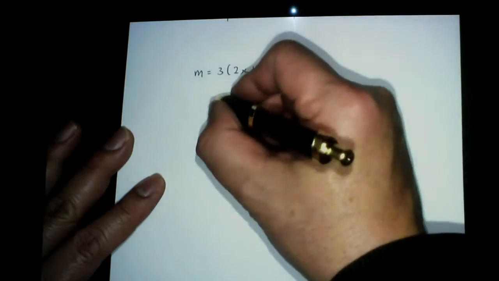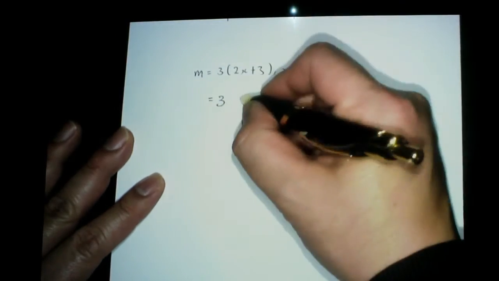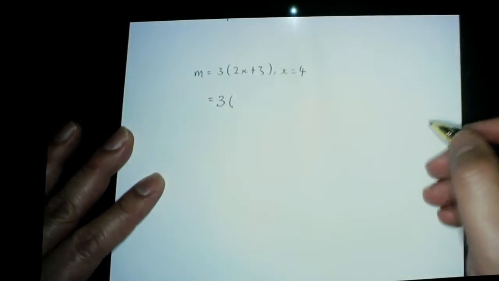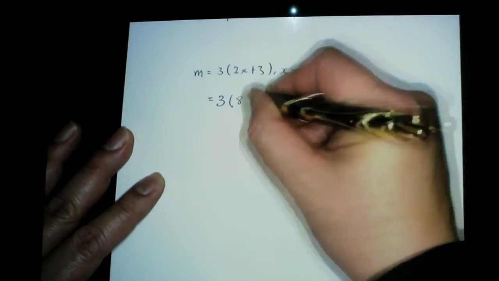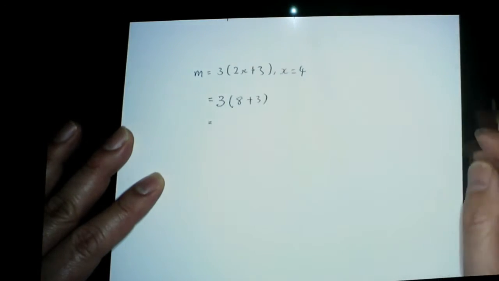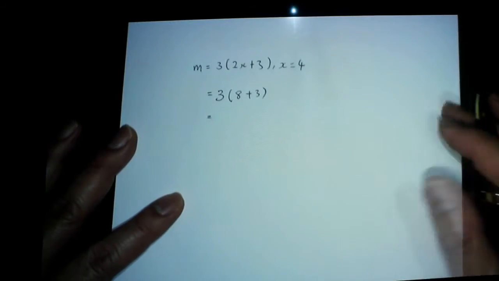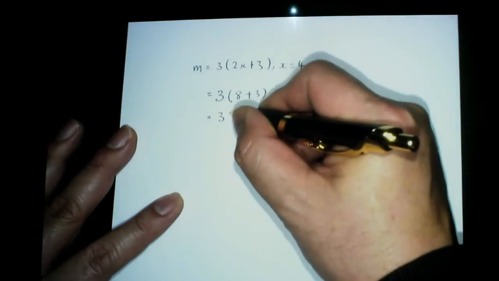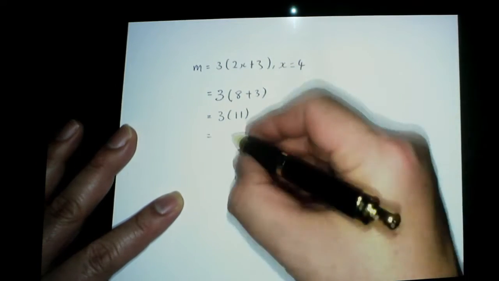Since m is equal to this equation, we have 3 bracket 2 times 4, which is 8, plus 3. Using BODMAS again, remember whenever there's a bracket we have to solve the bracket first. So we have 3 bracket 8 plus 3, which is 11. 3 times 11 is 33.